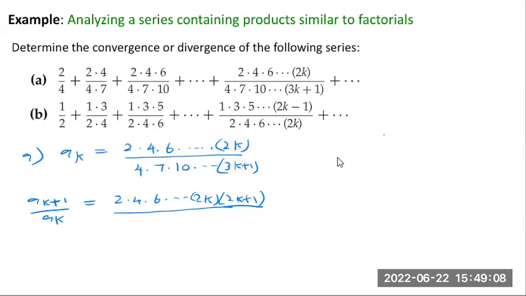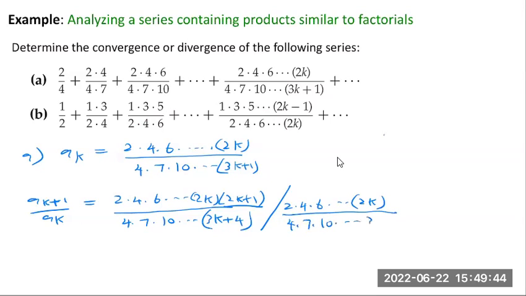Then you get, in the top you have this expression, and in the bottom you have 4 times 7 times 10 times ... 3k plus 4. If you replace this k by k plus 1, you get 3k plus 4. Okay, divided by a_k. a_k is just this expression. 2 times 4 times 6 times all the way up to 2k divided by 4 times 7 times 10 times all the way up to 3k plus 1.